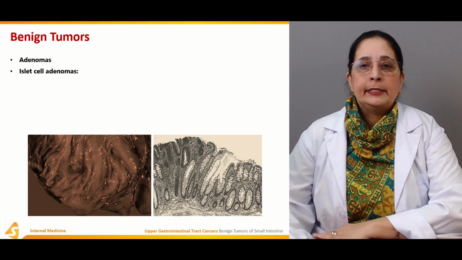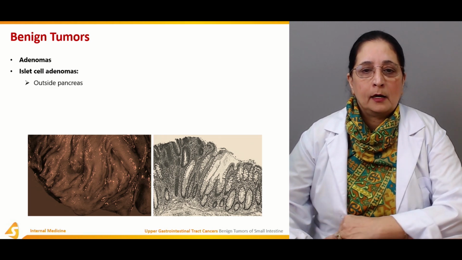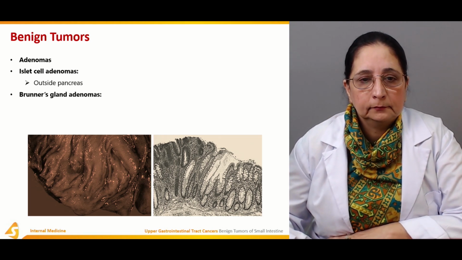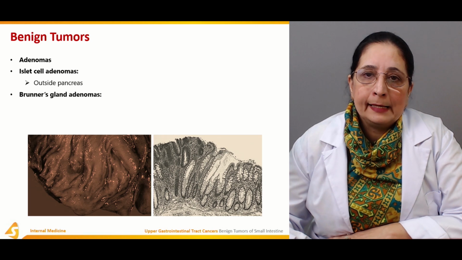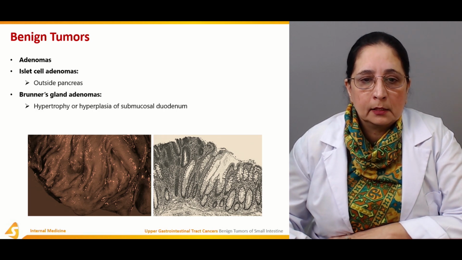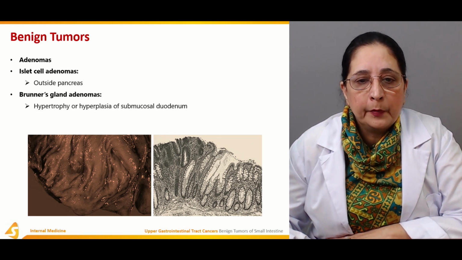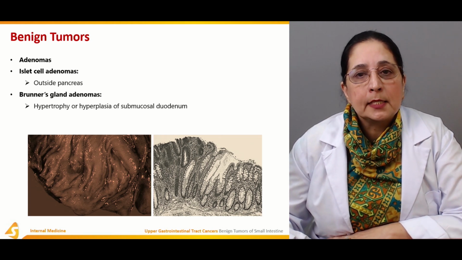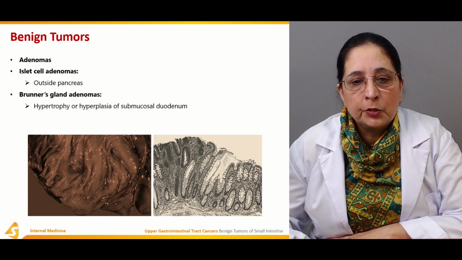Islet cell adenomas are outside the pancreas. Brunner's gland adenomas are due to hypertrophy or hyperplasia of the submucosal duodenum.